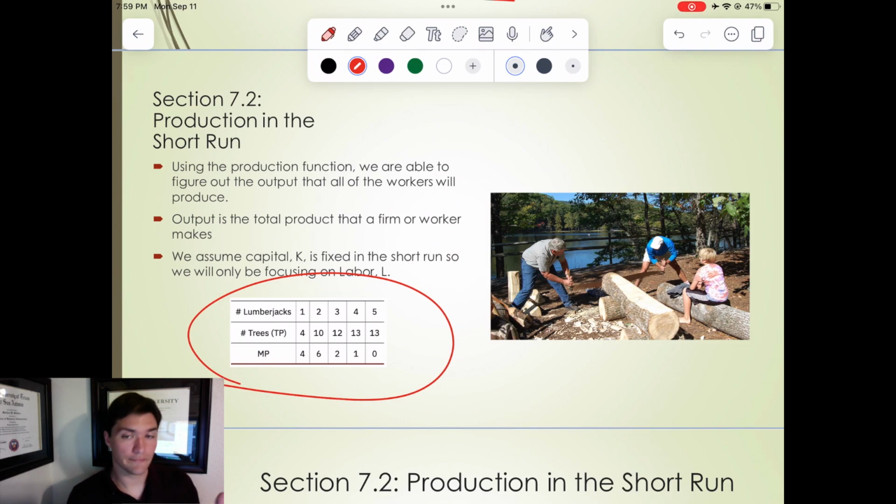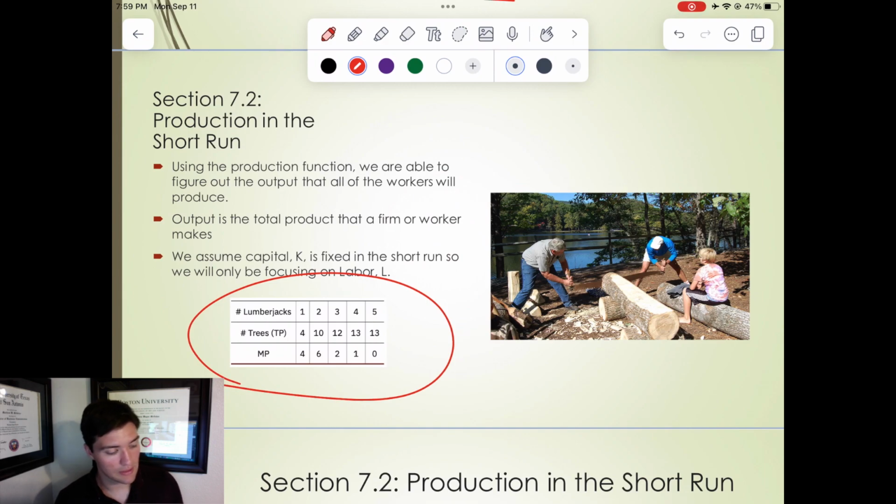So if you had 5 lumberjacks, that is 13 trees that you're cutting down. That's what this production function is saying. It is like if you had one saw blade and 5 employees, that's your inputs. You're making 13 trees. That's your output.